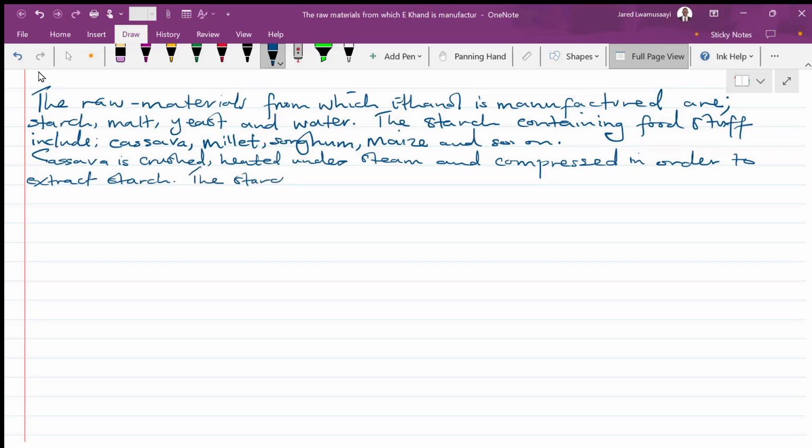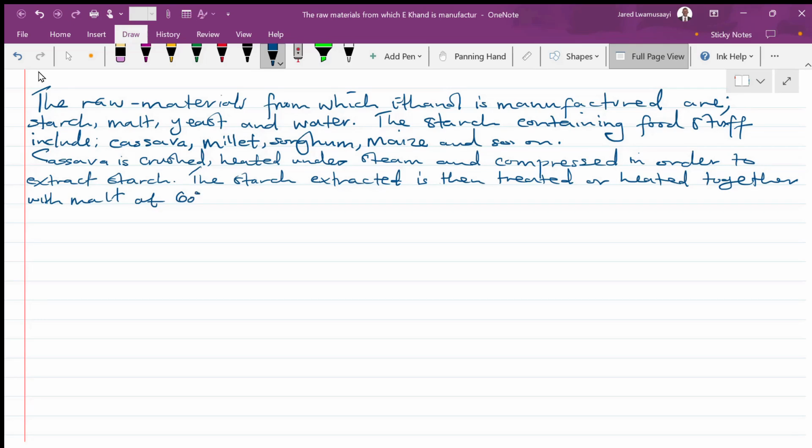The starch extracted is then treated or heated together with malt at 60 degrees Celsius for 2 hours.